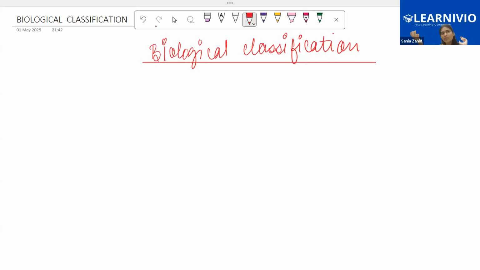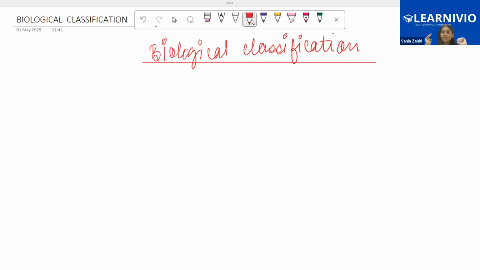But what is the problem with this classification? When I'm classifying plants as one category, in plants also there are various categories. For example, there are some very big trees, then some very small herbs, then intermediate plants, then you have shrubs, conifers, evergreens.